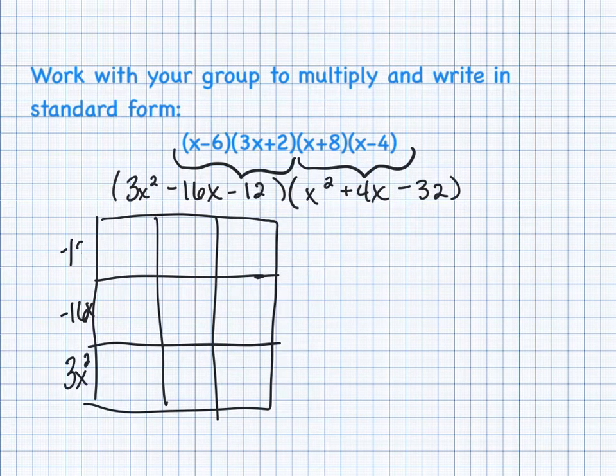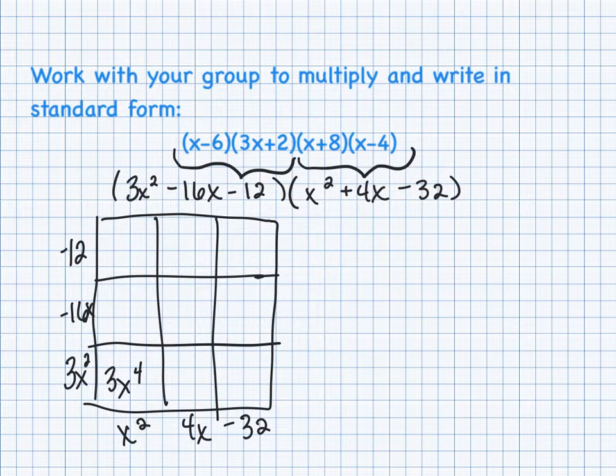So I'm going to put 3x squared minus 16x minus 12, and then x squared plus 4x minus 32. As I was saying, if you do make a mistake with the box, it's a lot easier to find and fix. All right, so 3x squared times x squared is 3x to the 4th.